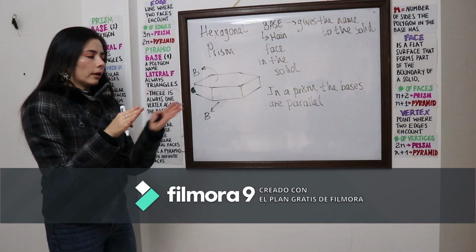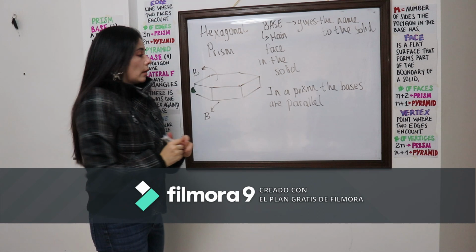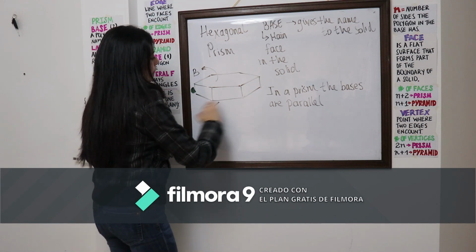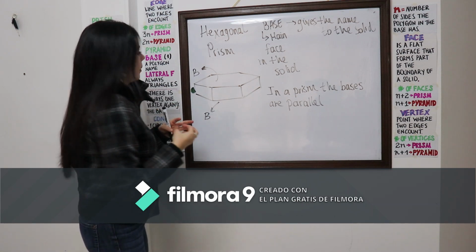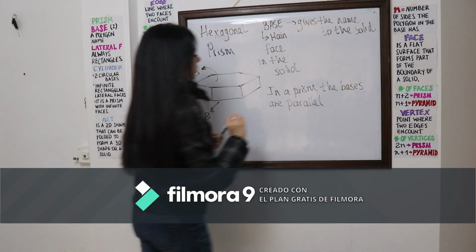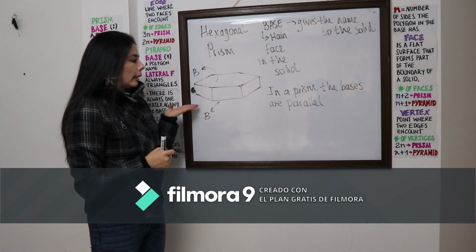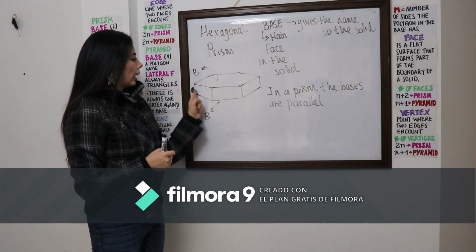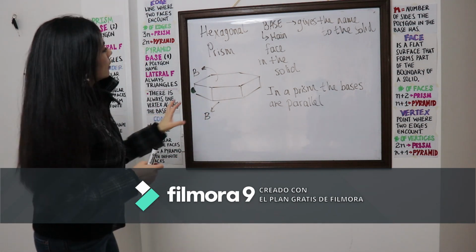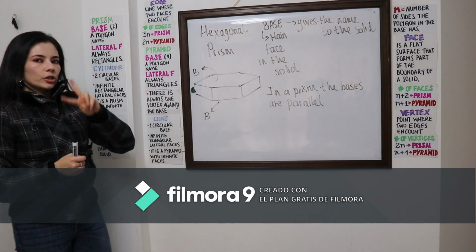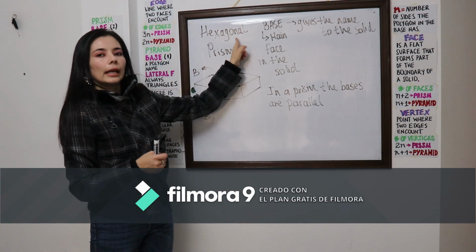Well, they're just at a distance where they're never going to encounter, right? I know this base and this base over here will never intersect somehow. So they're parallel. And so I know if I have one base up here, then the other base has to be down here. They cannot be in the lateral faces, right? So the hexagonal prism has two bases. And because of the polygon I have on the base, I get the name of the prism.